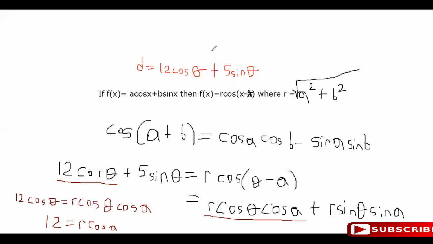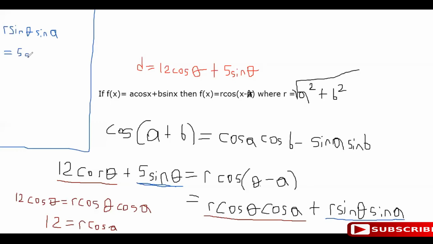Now, if you equate this other side, in blue, 5 sine theta is equal to r sine theta sine A. Cancelling sine theta, we get r sine A is equal to 5.